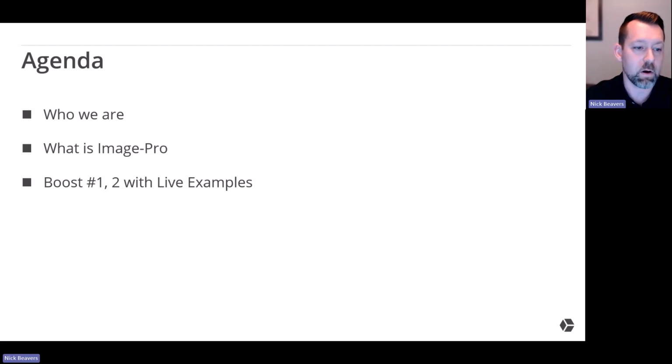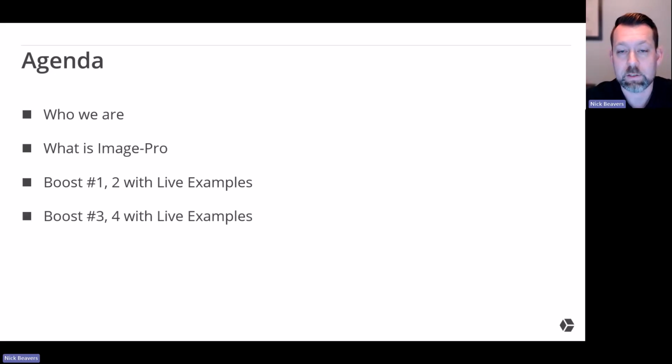We believe that there are 4 key strategies that any imaging lab can utilize to boost their productivity, boost accuracy, and boost efficiency. And we're excited to share those with you today. We're going to go through 2 of those and then jump into some live examples. And then we're going to do the last 2 and jump into some live examples as well.